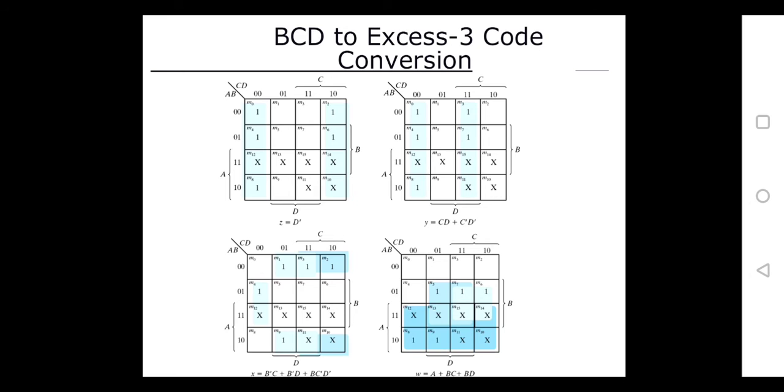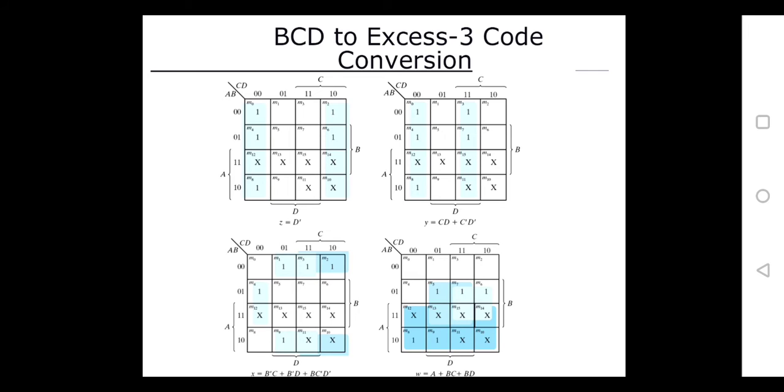The expression sigma m for W is 5, 6, 7, 8 and 9. So under the minterms 5, 6, 7, 8 and 9, we write ones, and 10 to 15 are considered as don't cares. Here don't cares can be taken as either 0 or 1 depending upon the simplification we require.